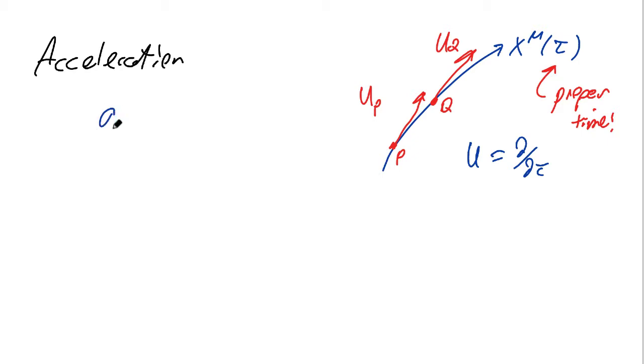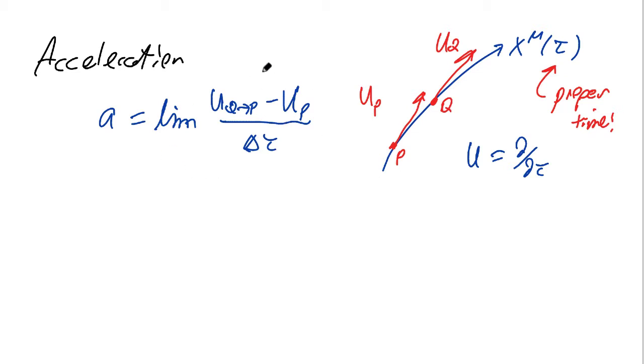So this acceleration A is the limit of u at point q transported back to point p, then subtract u at point p and divide by the time interval.